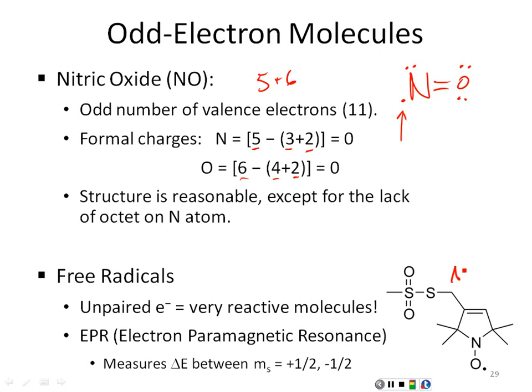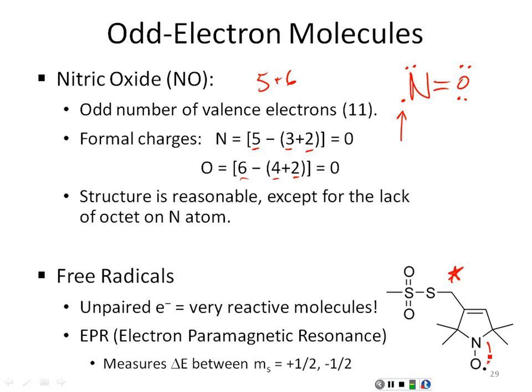An example of one of these molecules is shown over here, where we have one unpaired electron on this nitrogen-oxygen moiety in the molecule. And this molecule is used a lot in electron paramagnetic resonance. In EPR, you measure the change in energy between the spin states of the electron.